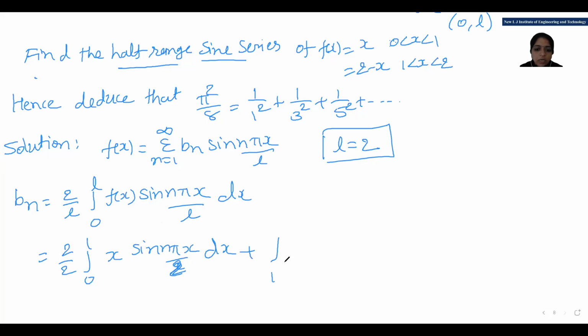And for 1 to 2, as our given function is discontinuous, we have to split our integral in two terms. 1 to 2, our given function is 2 minus x into sine n pi x by 2, as L is 2, into dx. So, students, have you any doubt till this step?